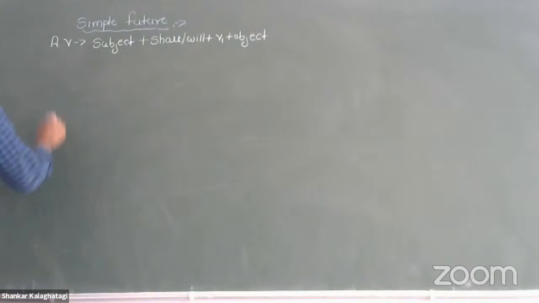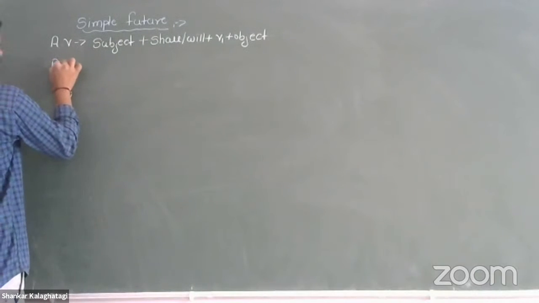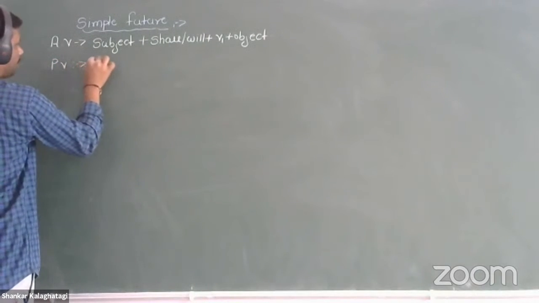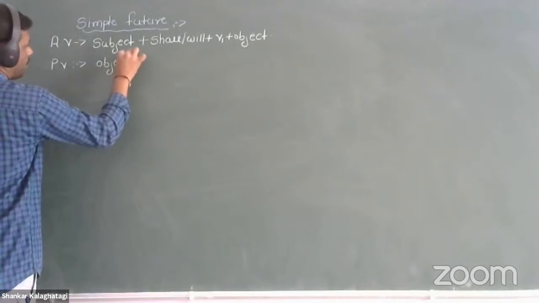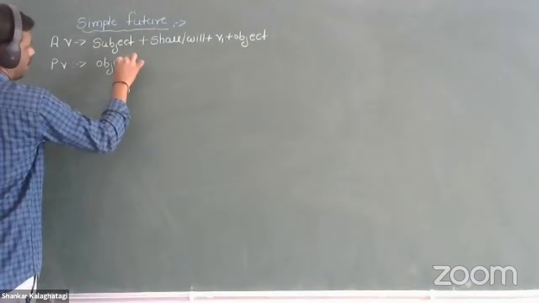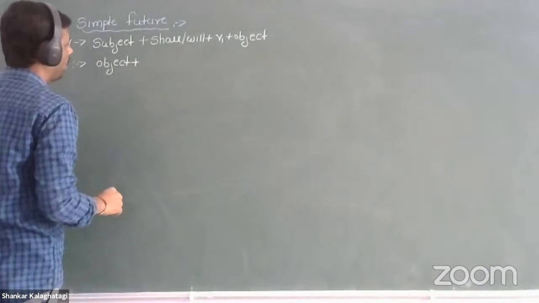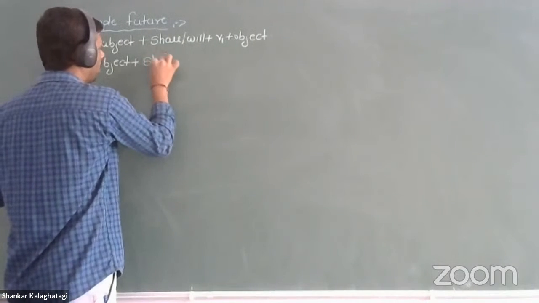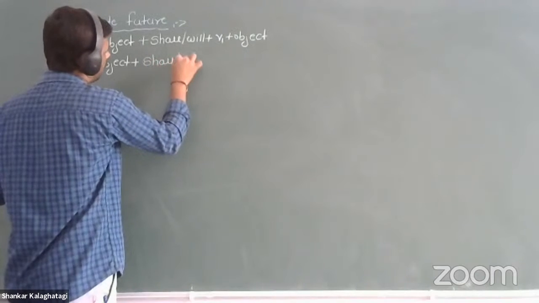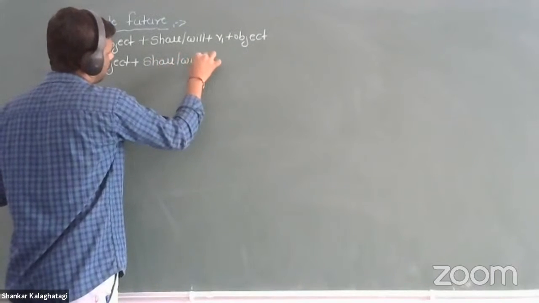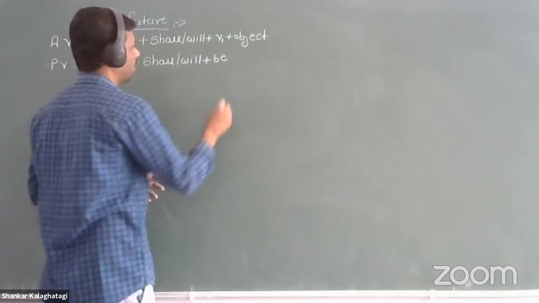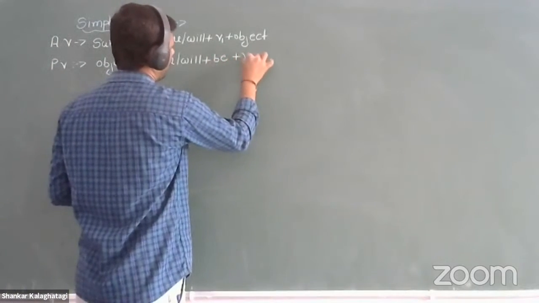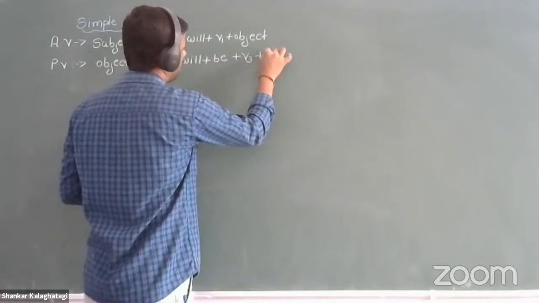So the passive form, only one thing we have to add here. Change the subject and object place. First write object. Now what we have to write? We have to write shall or will. Now we have to write be. Then we have to go for a V3. Then by.